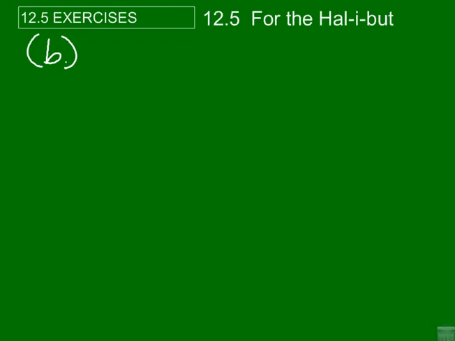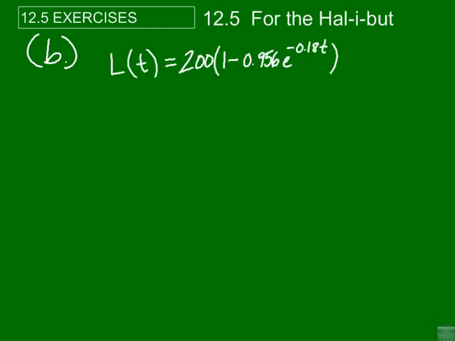All right, here we go. Part B says, well, we want to know how fast these things are growing. So we're going to see how long this fish is. What's the length of this fish at 6 years old? So here we go. We're going to get our formula here again, and we're going to plug in a 6 for the t.